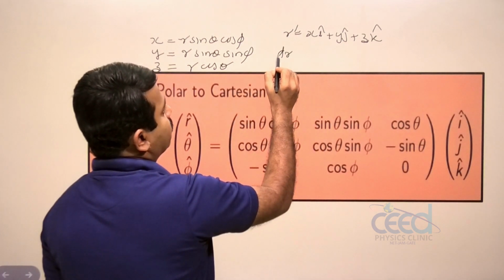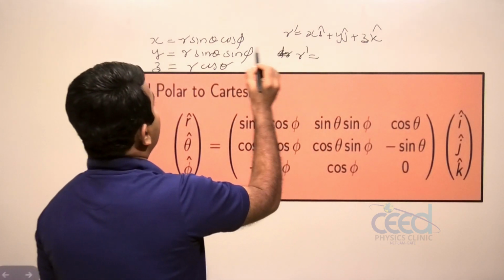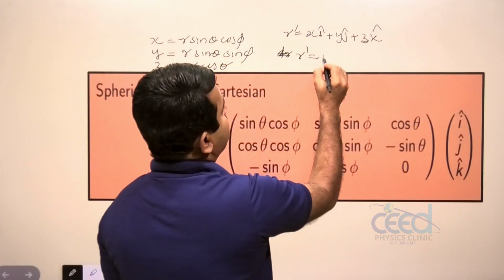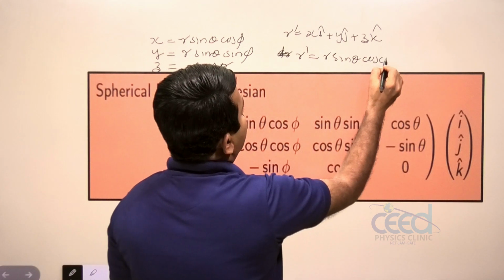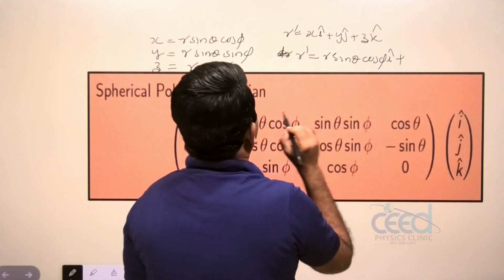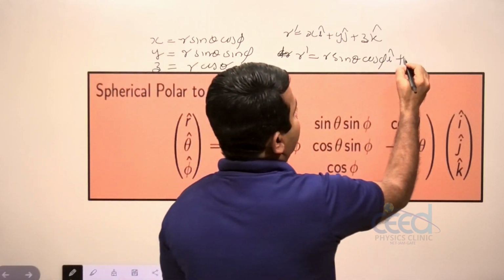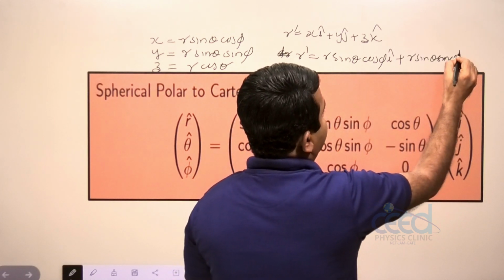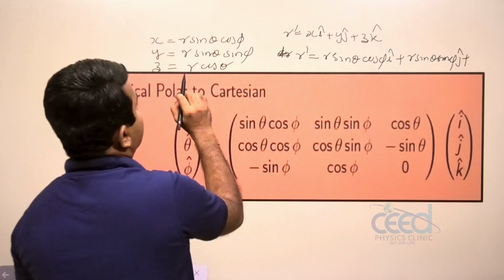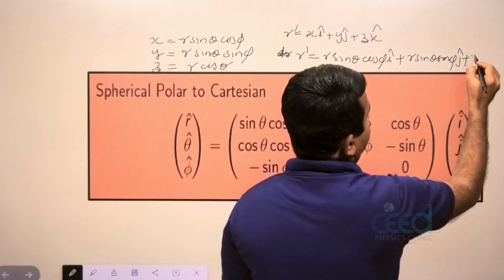So this r-dash I can represent first in terms of x: r sin theta cos phi i cap plus r sin theta sin phi j cap plus r cos theta k cap.